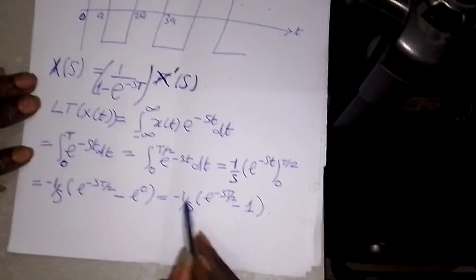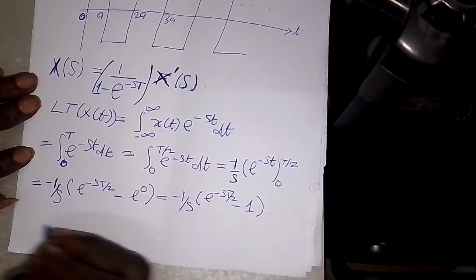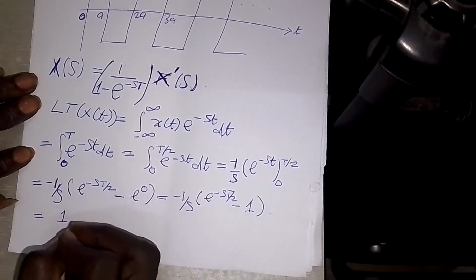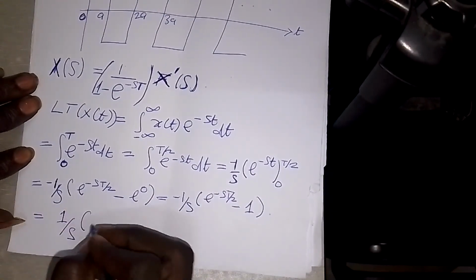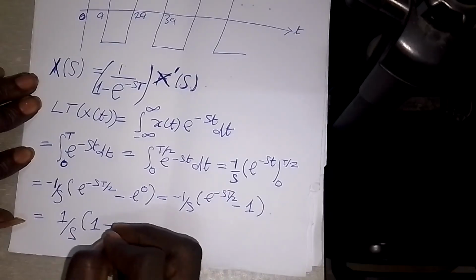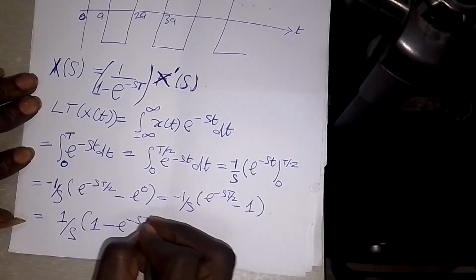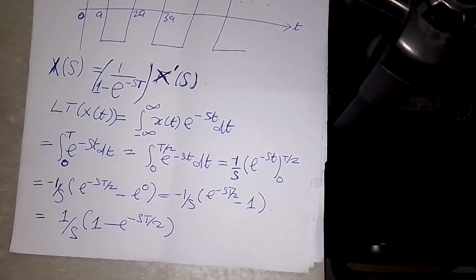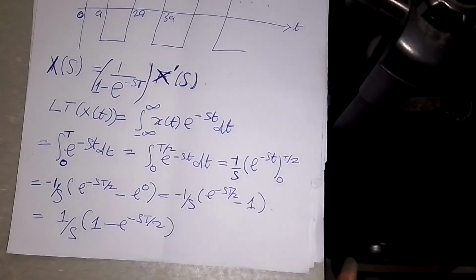This time this will be positive, this time negative. So it's actually equal to positive 1 on s into 1 minus e to the minus sT on 2.